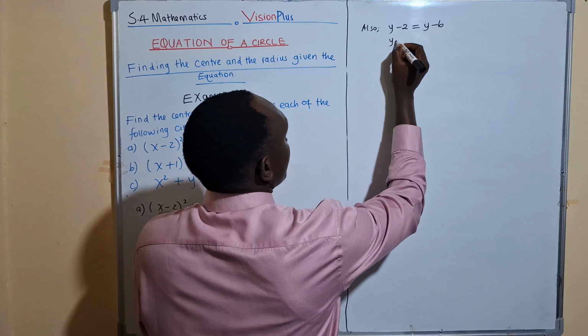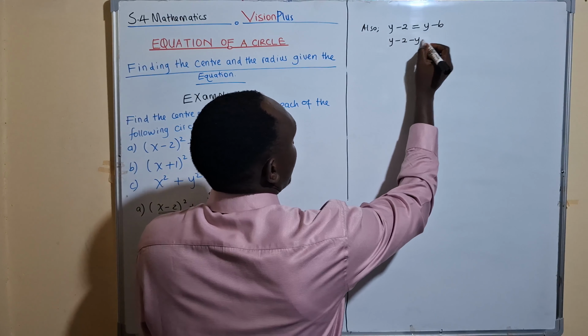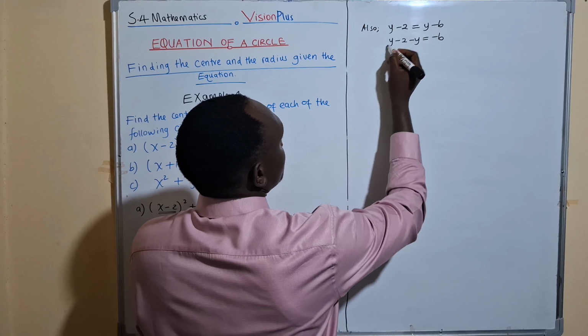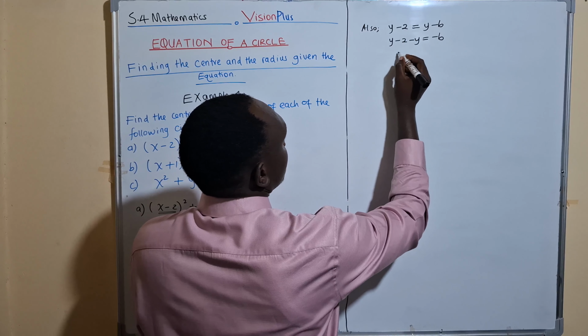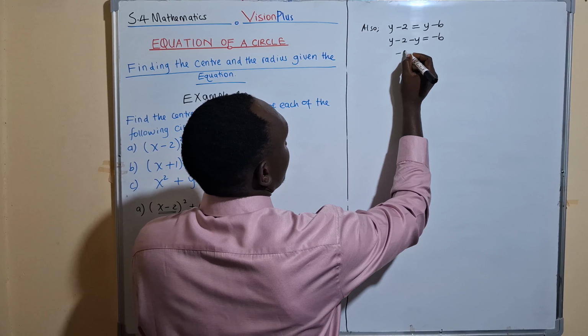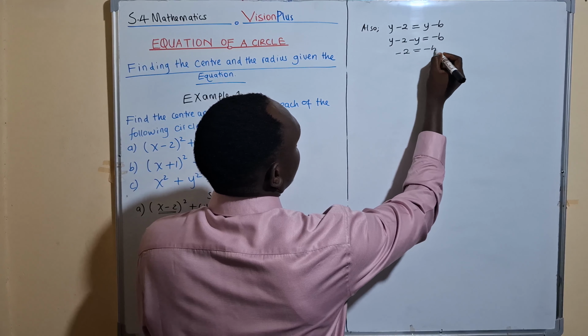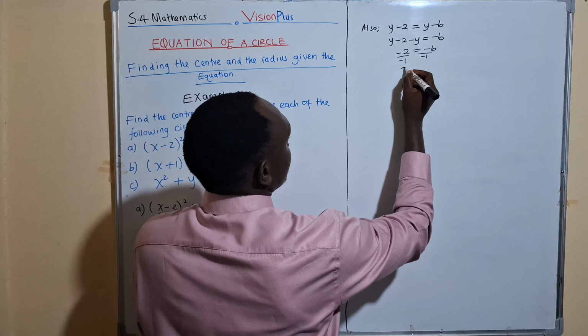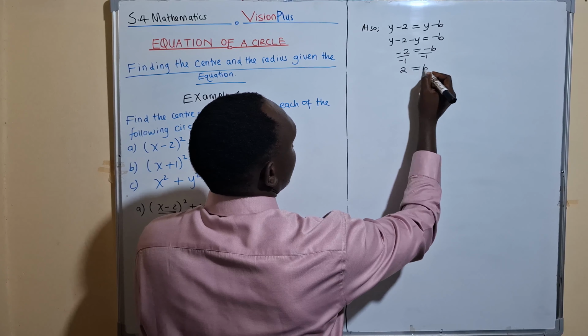Here we have y minus 2 minus y equals negative B. Positive y and negative y are going to cancel. Therefore, negative 2 equals negative B. Dividing both sides by negative 1, this gives us 2 equals B.